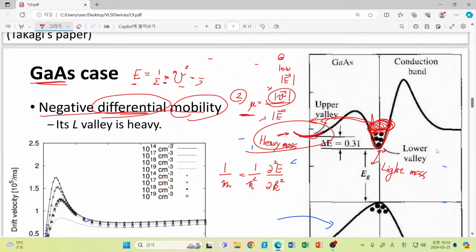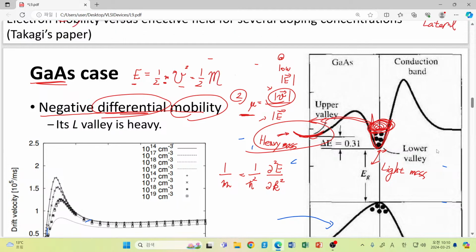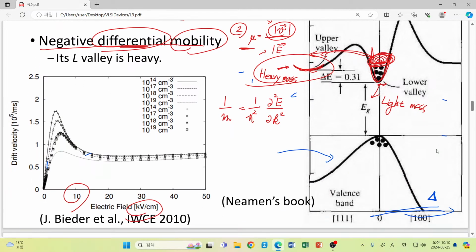However, if it transits to the heavy mass case, then in order to get the same amount of energy, our velocity should be reduced. So simply speaking, the negative slope shown here is related to the transition of our electrons from the gamma valley to the L valley.